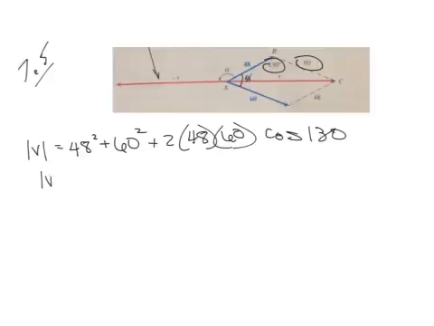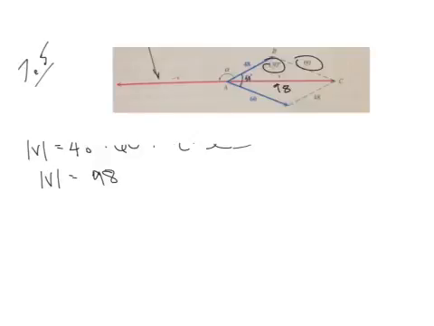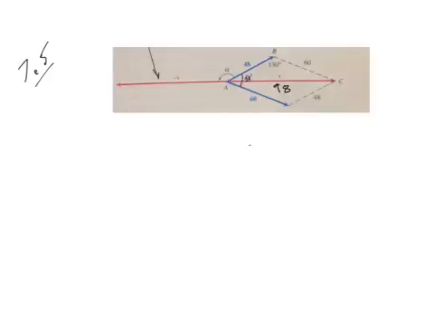And that will give me a magnitude of 98. So this is going to be 98 right there. That was very helpful because now that we have that magnitude, I can use my law of sines to find this angle that I am looking for.